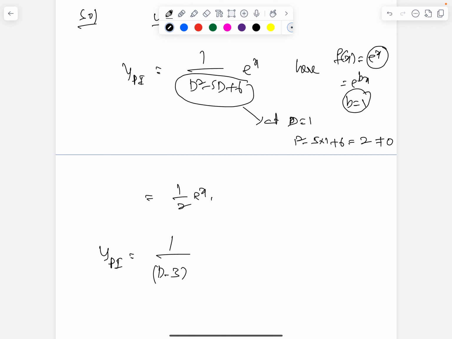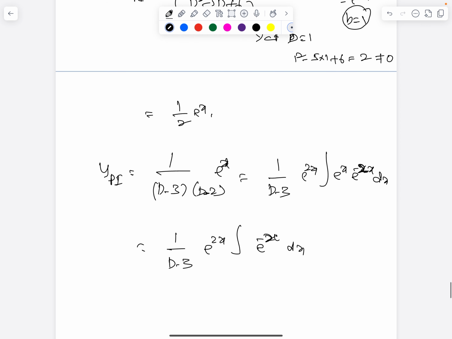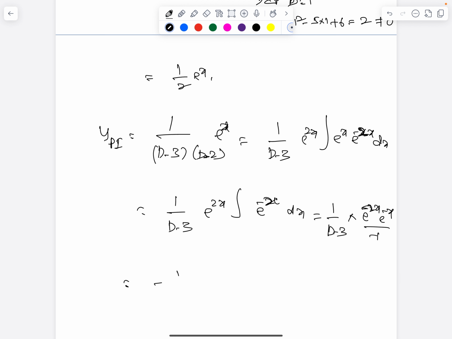You can check the same thing by comparing the previous method. If you split that into two parts, you can take partial fractions. Here I am applying D minus 3 directly: e power 2x integration of e power x into e power minus 2x dx, and this leads to 1 by D minus 3 e power 2x integration of e power minus x dx, because this is minus 2x, the other one is e power x. This is giving 1 by D minus 3 into e power 2x, e power minus x by minus 1, and further simplification leads to minus 1 by D minus 3 e power x as the output.